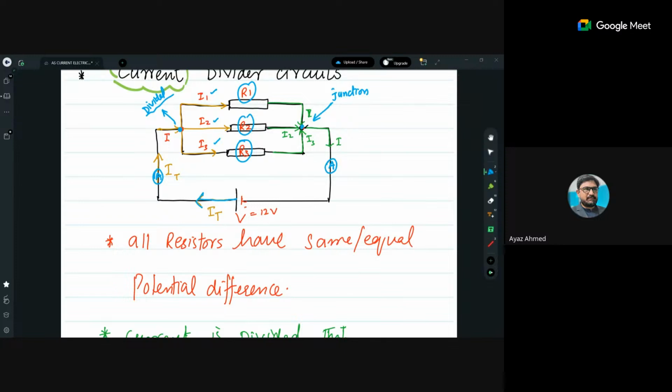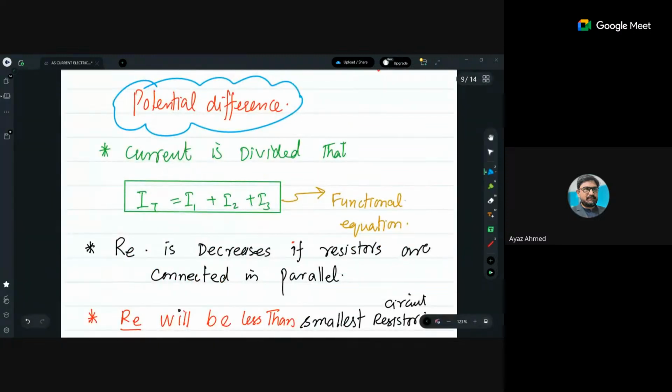The main feature of parallel circuits is that they have equal potential difference. All these resistors have an equal amount of potential difference. Look, there are only three quantities: V, I, and R. If V is the same and R is different, then I would be different.